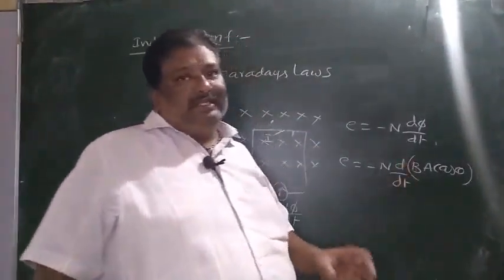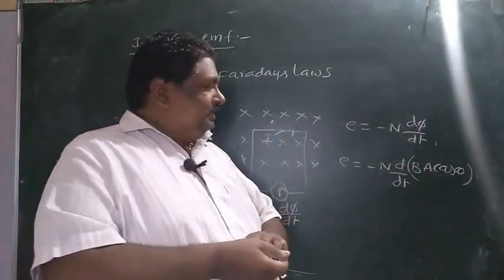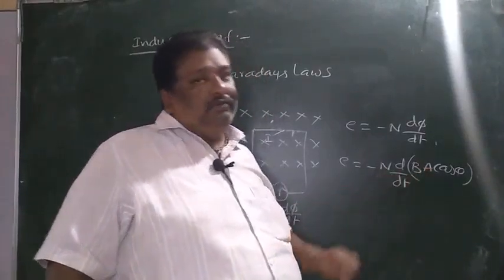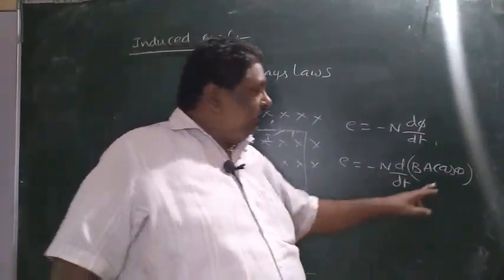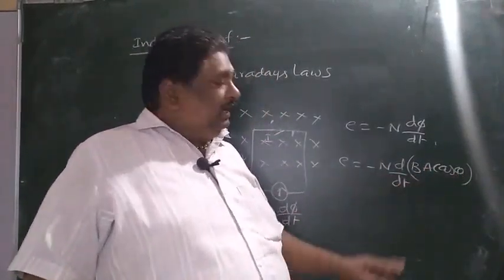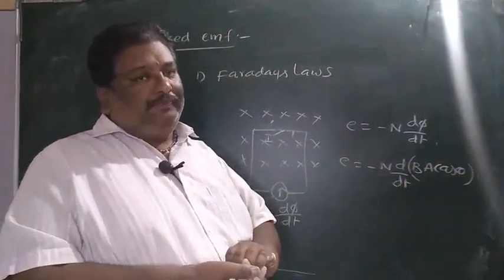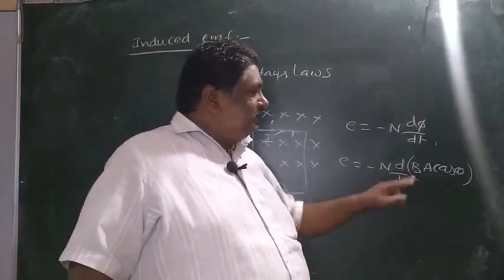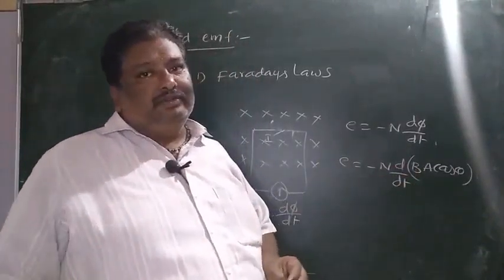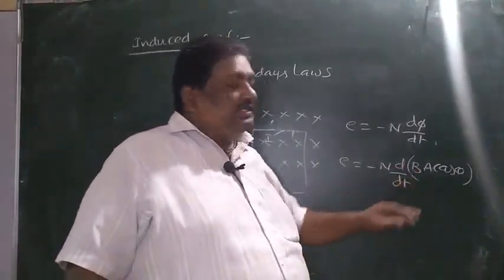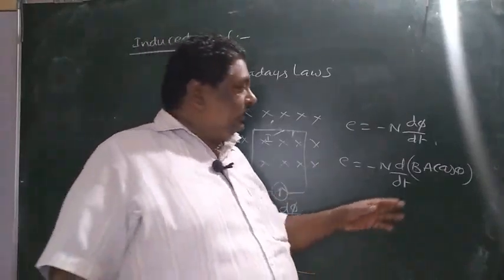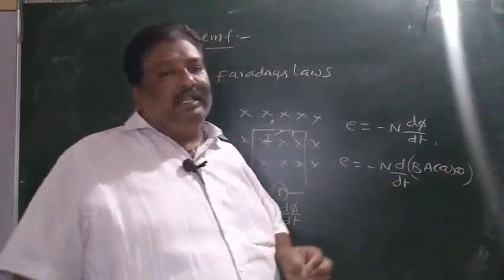You can change B, the magnetic field; you can change the area; you can change theta. In any of these methods you can produce electricity. What is the direction of induced current when area changes, or when theta changes?